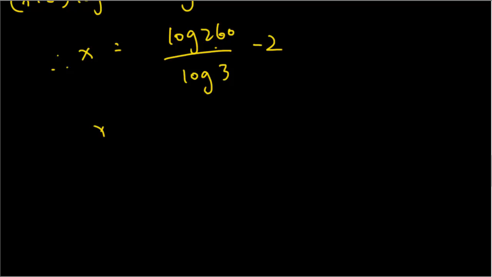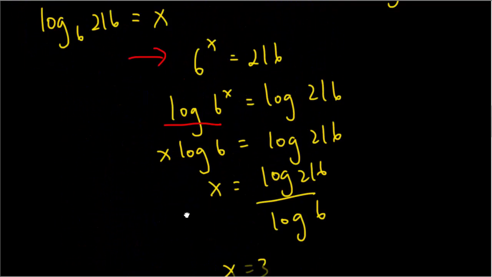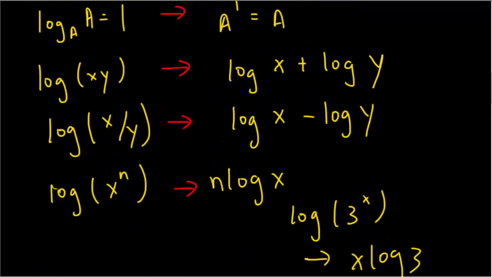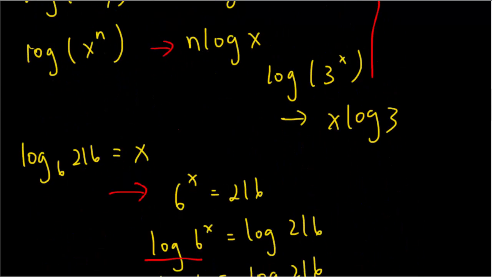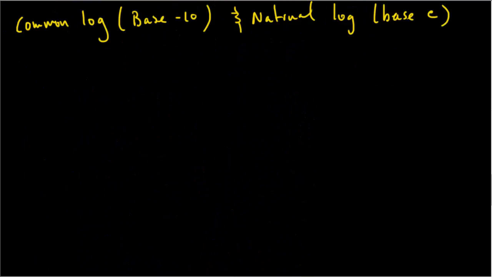So x equals 3.06. If you just memorize these laws, it's quite simple. These are very important when it comes to solving these logarithmic functions. Now let's talk about common logs and natural logs.